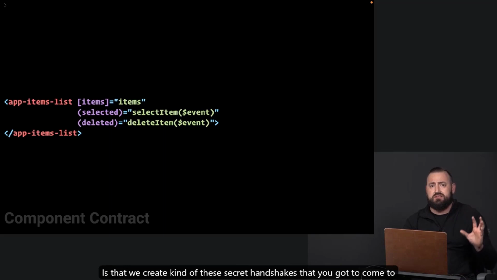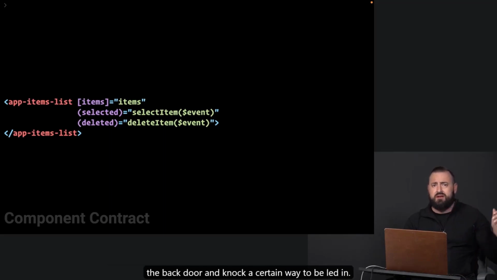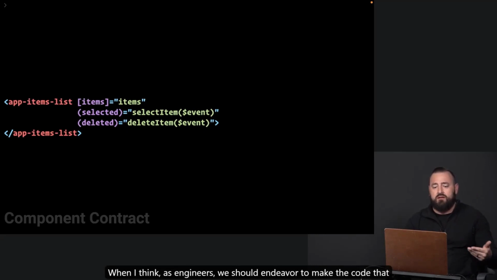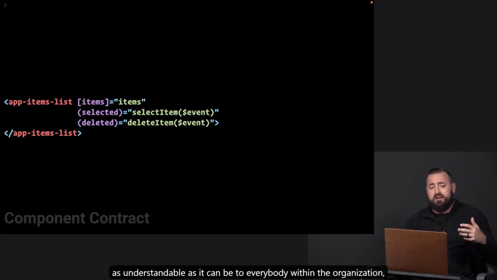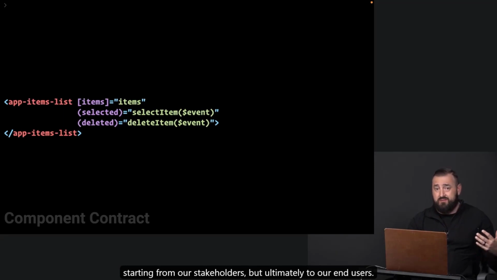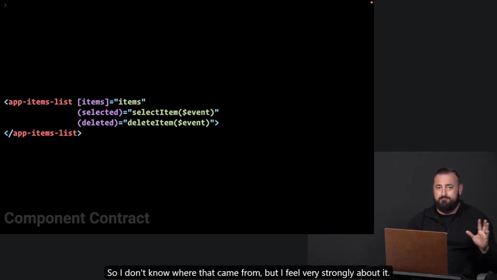We create these secret handshakes, where you've got to come to the back door and knock a certain way to be let in, when I think as engineers, we should endeavor to make the code that we write and the things that we do as approachable and as understandable as it can be to everybody within the organization, starting from our stakeholders, but ultimately to our end users. So I don't know where that came from, but I feel very strongly about it.